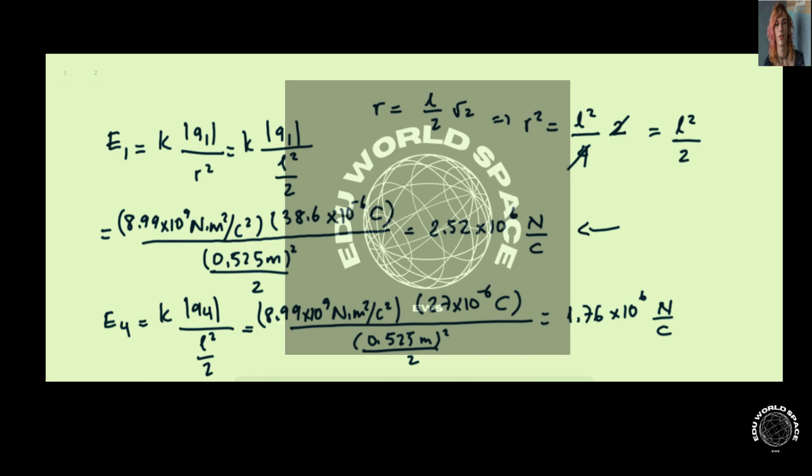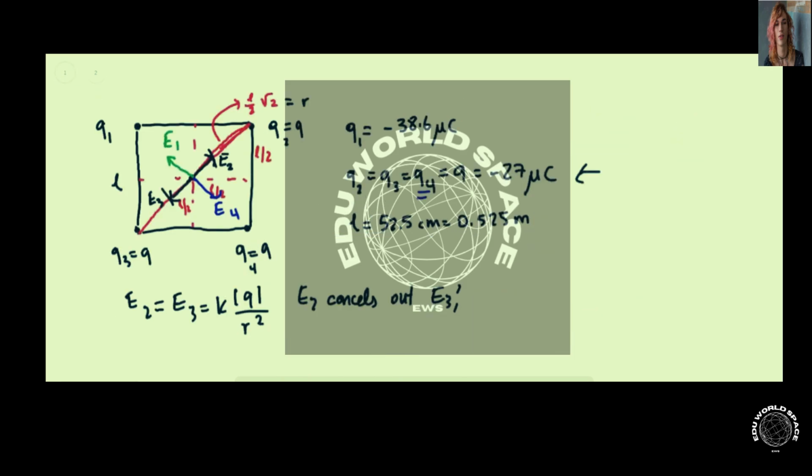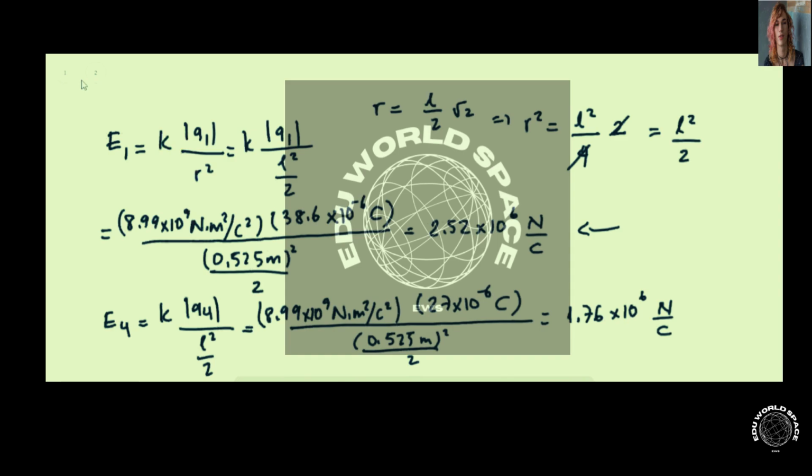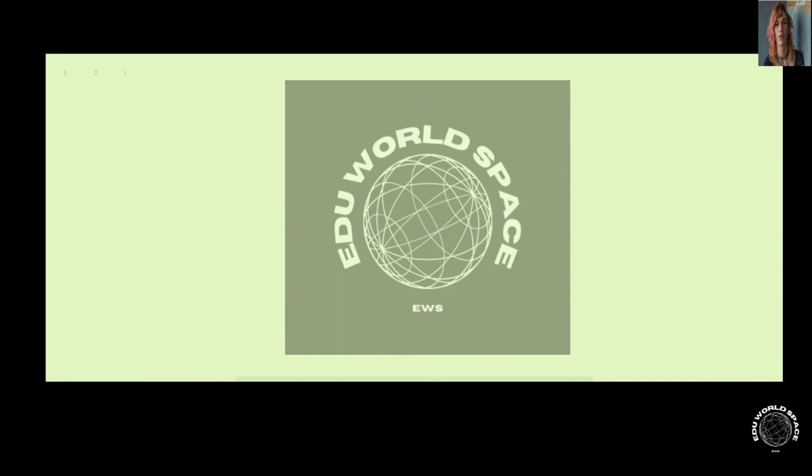Magnitude-wise, E1 is greater. What does this mean? It means if E1 is greater, the overall direction of the electric field at the center point is actually towards Q1, right? Because E1 is overcoming E4. Let's write that.